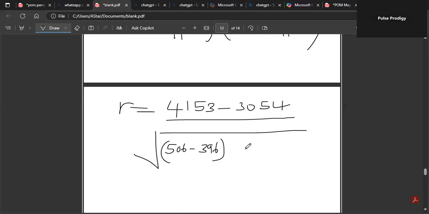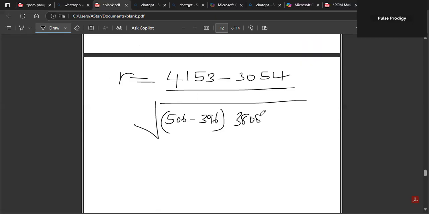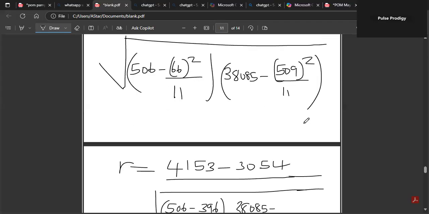38085 minus 509 squared divided by 11. So it's 509 squared divided by 11.